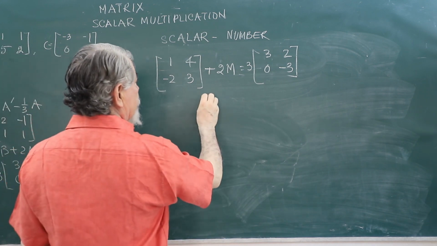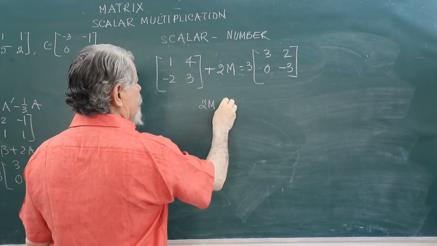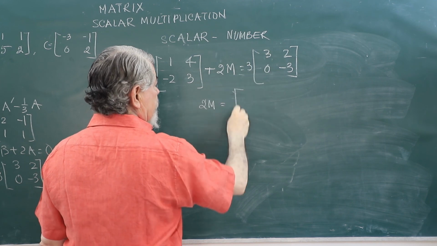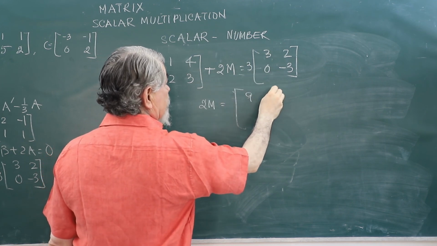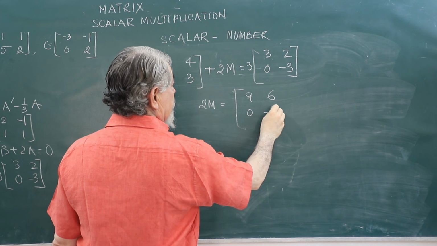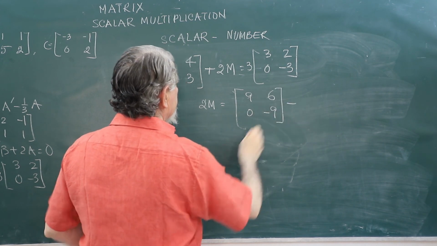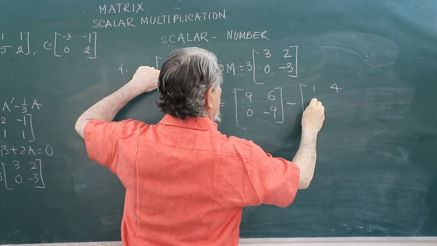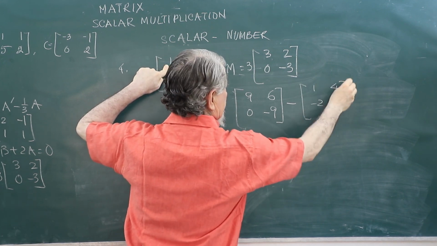So what we'll do is we'll transfer this matrix to the other side. Let me multiply it by 3: 3 3s are 9, 3 2s are 6, 0, minus 9. And minus [1, 4; -2, 3].